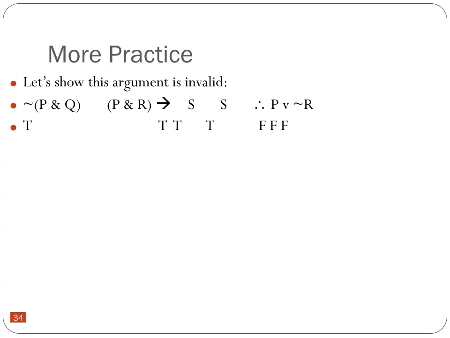Right, because we're assuming the conclusion is false, that's the or. So we have a false or statement. The only way an or statement can be false is when both parts are false. Well, the left part is P, so we know P is false. And the right part is not R, so we know that the not R is false. So that means that the R has got to be true to make not R false.